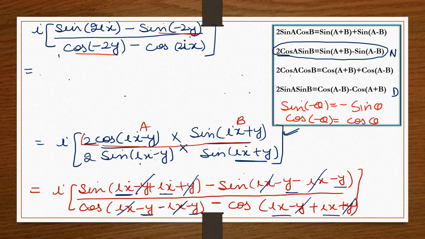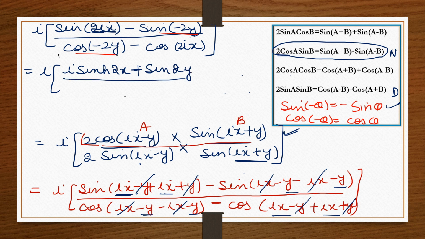This will be equal to ι sine. One more thing: what is sin 2ιx? This will be ι, change it to hyperbolic, sinh 2x, and this negative will come out by using this formula. So minus minus plus sin 2y, and in the denominator you'll get cos 2y, because the negative will not affect cos, and here change it to hyperbolic. So this will be minus cosh 2x, right?